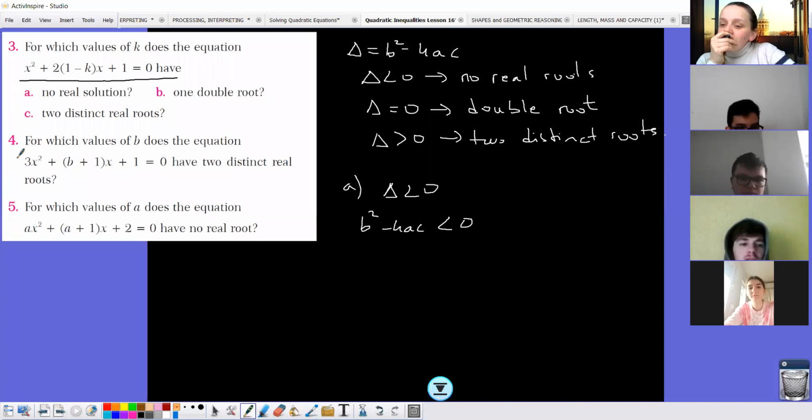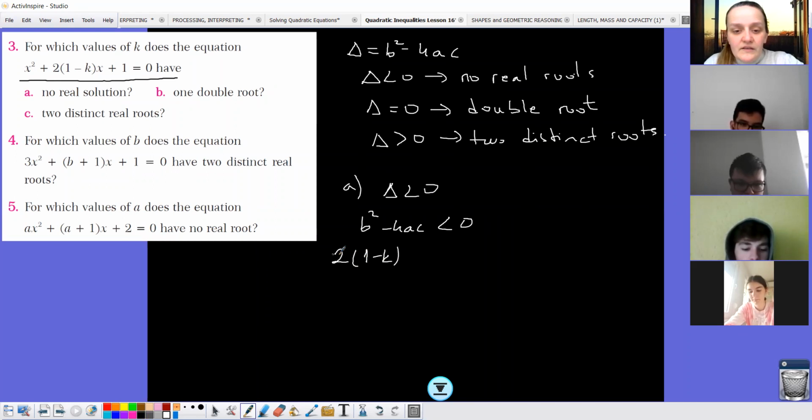I think it's minus 1 minus k, or one more time, I couldn't hear you. I think it's 2, and then in the parenthesis 1 minus k. Yes, all this is b. 2 times (1 minus k).